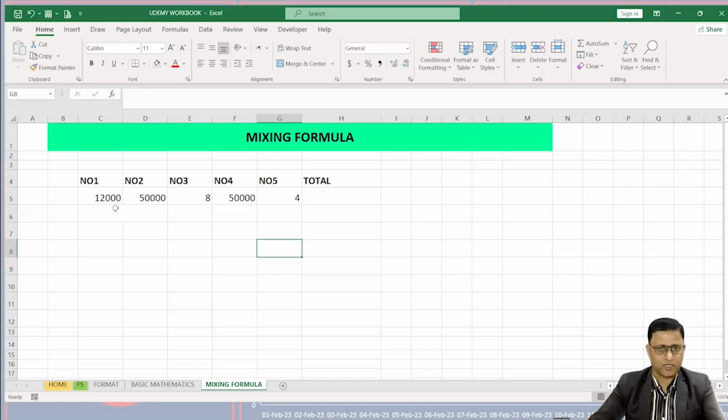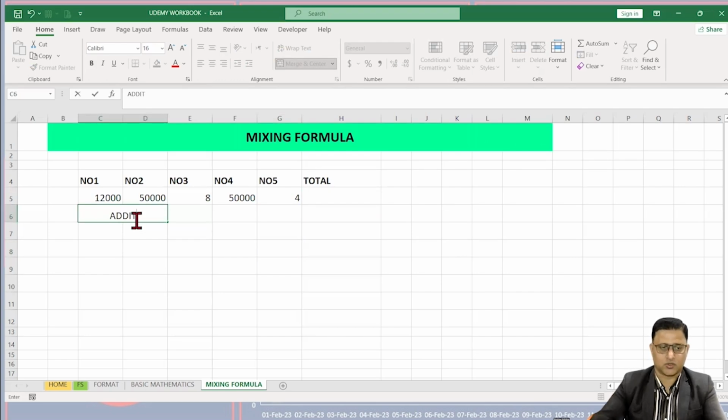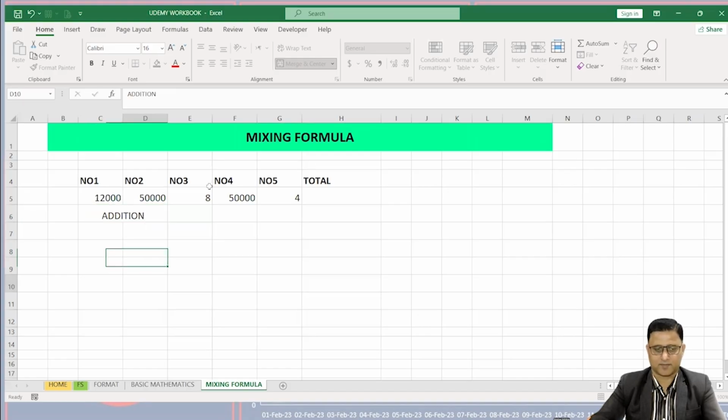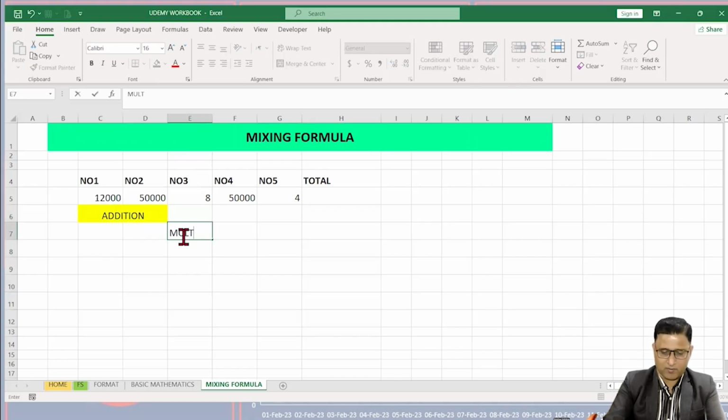Now, what do we need to do with all these numbers? First of all, I want to perform addition on these two numbers. Whatever result comes, I want to multiply by this number.